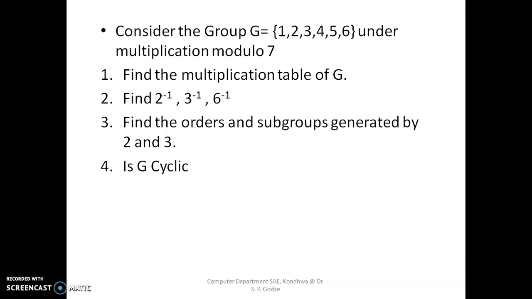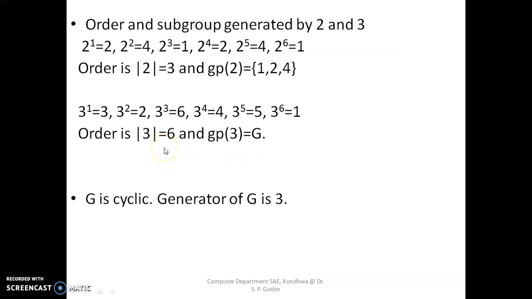Now the third question given is to find the order and subgroups generated by 2 and 3. If you consider 2 as a generator, 2 raised to n, where n is any integer.